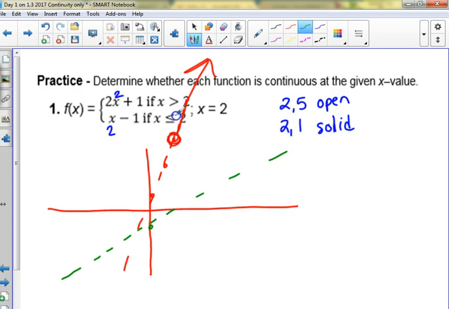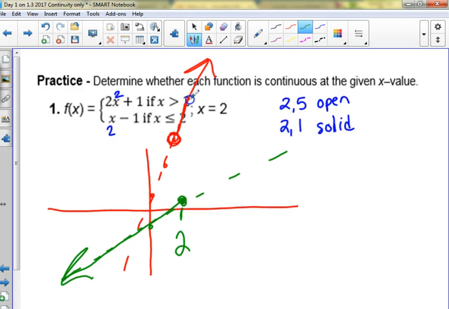And you get to keep the piece that starts at 2, which would be 2, 1 here, and goes this way. So is the function continuous at 2? No, it's really clear if you can graph it. It's not so clear when I talk about it, okay?